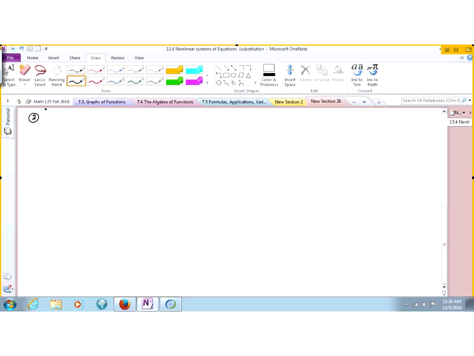Okay, well, let's just do it, even though it's not hard. What about if we have 2xy plus 3y squared is equal to 7, and then 3xy minus 2y squared is equal to 4.